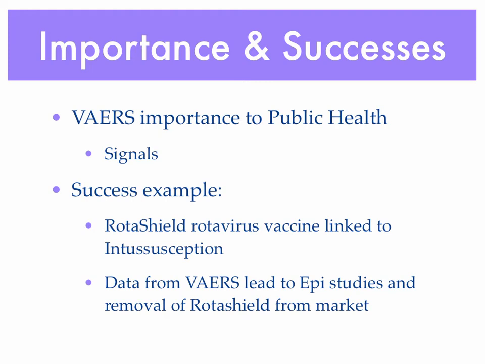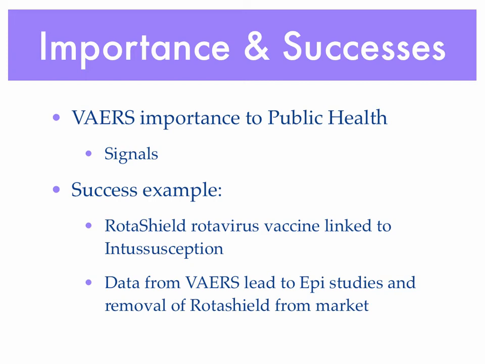An example of success of the VAERS program had to do with the RotaShield rotavirus vaccine. VAERS detected reports for intussusception over what you would expect by chance alone after RotaShield rotavirus vaccine was introduced in 1999.